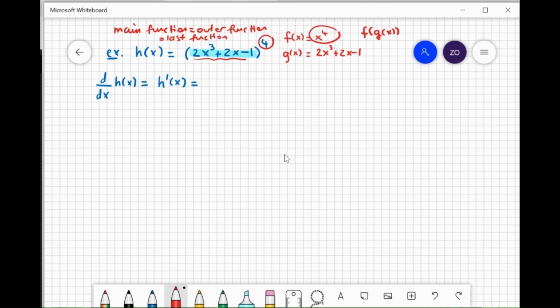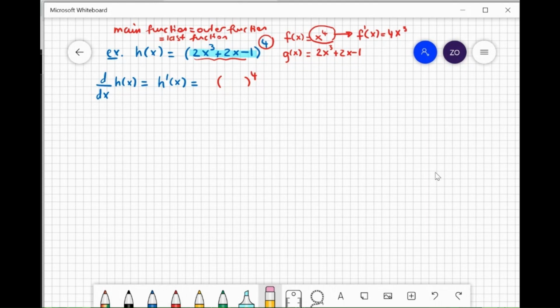So we start by taking the derivative of this main function. If we call this u, you just want to find the derivative of u to the fourth. If you have x to the fourth power, what is the derivative of x to the fourth? The derivative is 4x cubed. Just take the 4 down and decrease the exponent by 1.